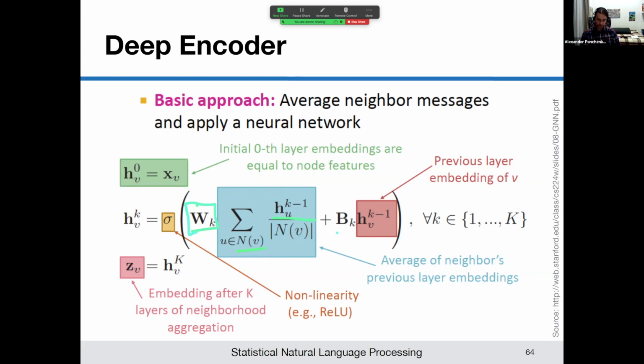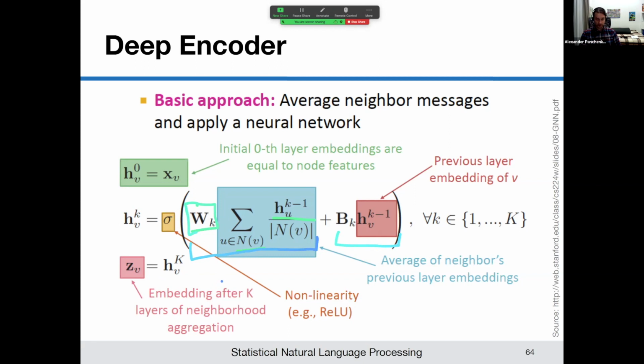So you have two components: how much information you want to get from your own previous state and how much information you want to get from your neighbors. And then just a sigmoid as usual, also used to normalize these to some probability distribution.